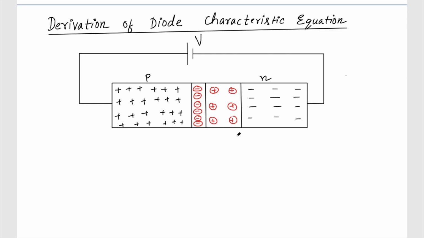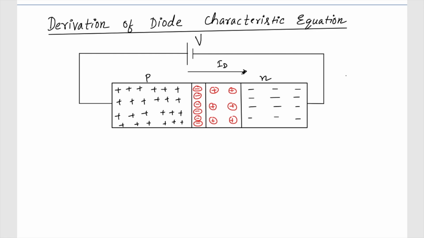So this is a forward bias condition, and because of the applied voltage, the depletion width has become smaller and there is a diffusion current ID in this direction.